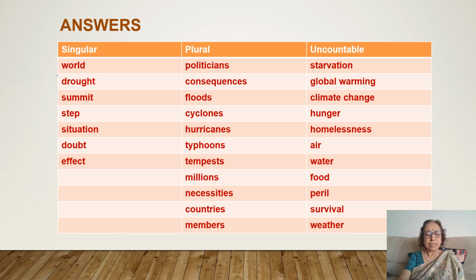But if this continues, there is great peril. Peril goes into uncountable form. Waiting for us and our very survival, also survival goes into the uncountable form, is in doubt. Doubt goes into the singular column. In this way, we have all the answers which are there.